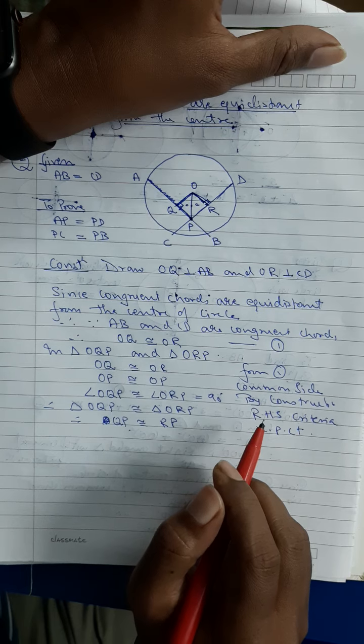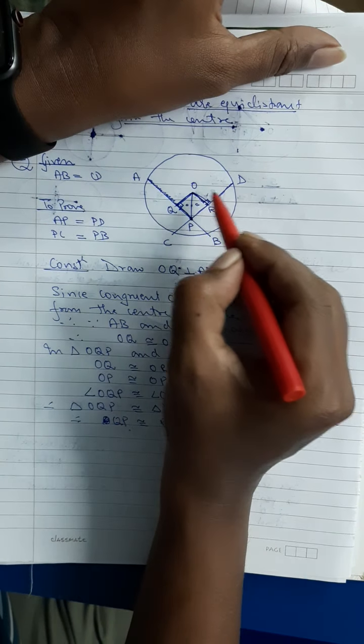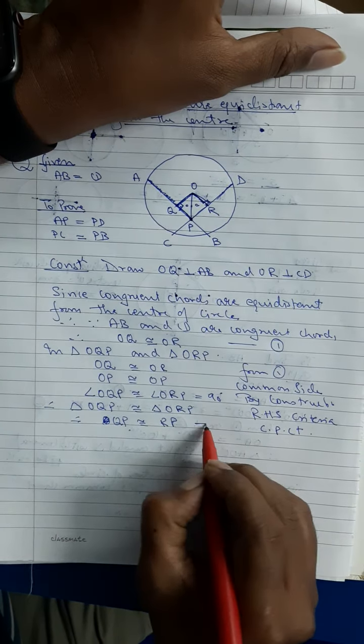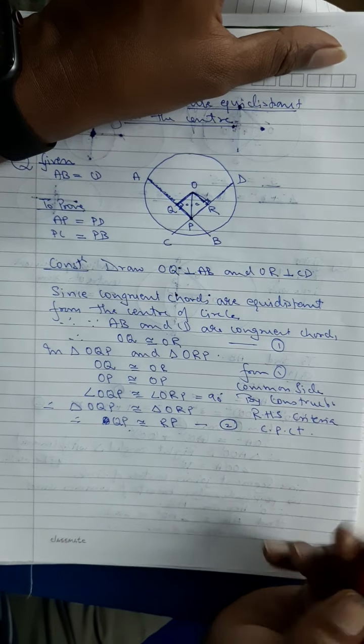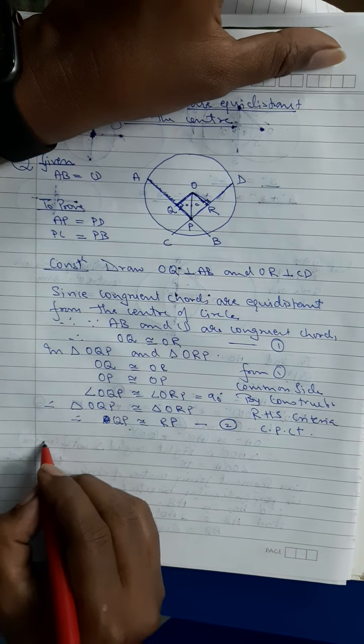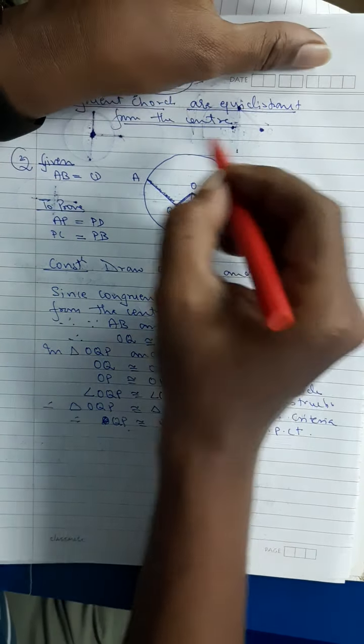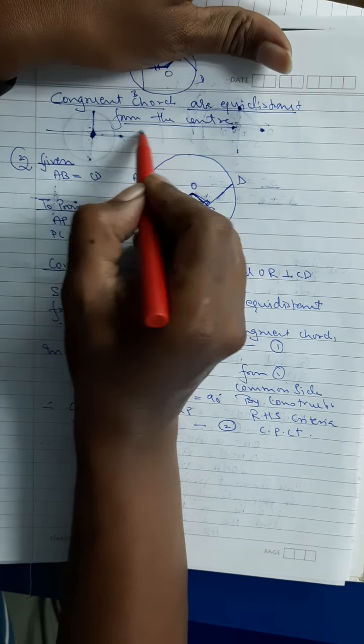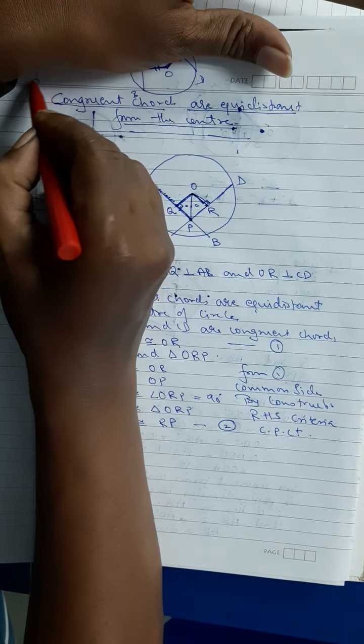We will have to prove that AQ is congruent to RD. Now this is again second point, my dear student. Now you have to see this again different. Now for here, what is the theorem we will be using? So this is done. This is the first theorem that we used.